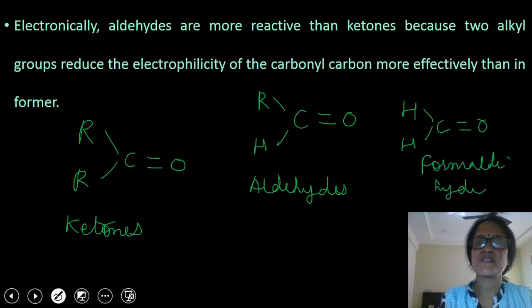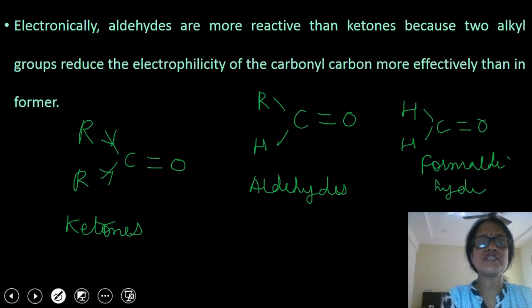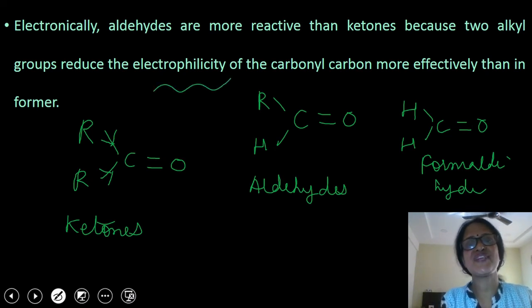All of you have studied inductive effect in class 11. So you must know that alkyl groups show plus I effect. Plus I effect means they donate electrons towards the carbon atom. Because of the donation of electrons towards the carbonyl carbon atom, the electrophilicity of the carbon will be reduced. And if the electrophilicity of the carbon is reduced, then the attack of the nucleophile will become less.